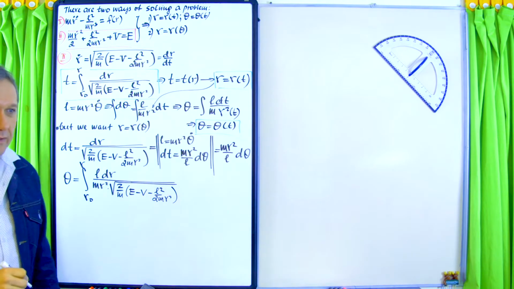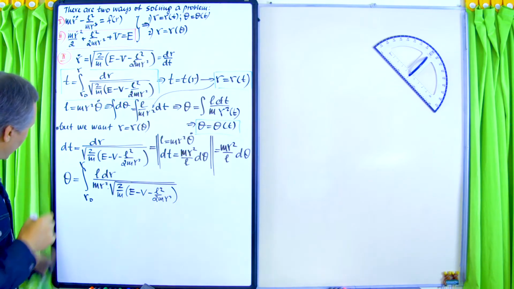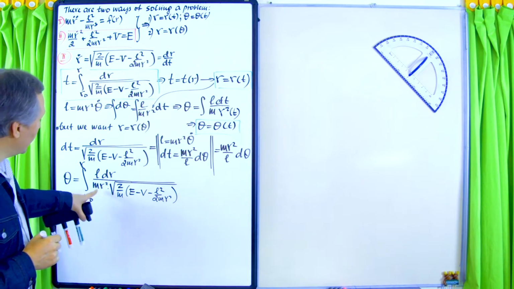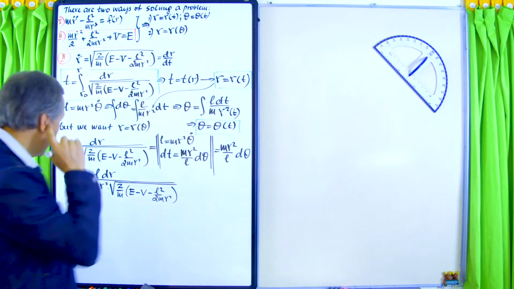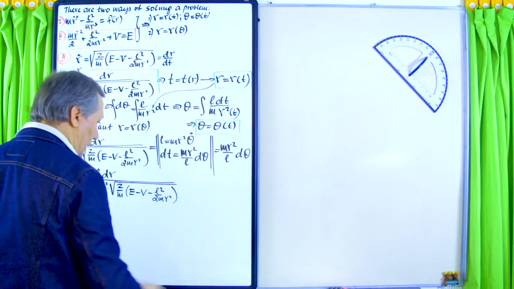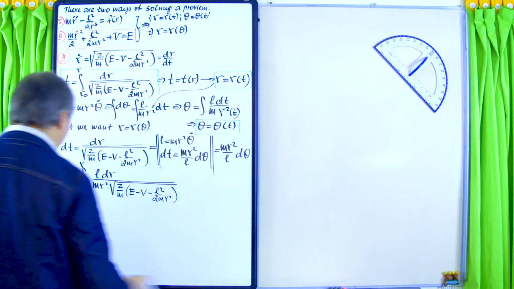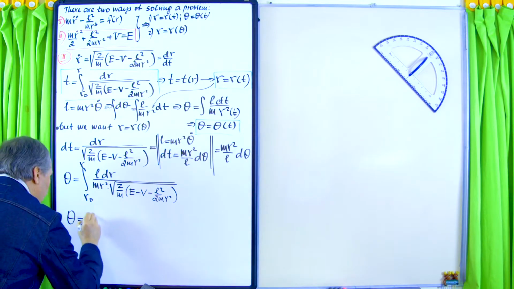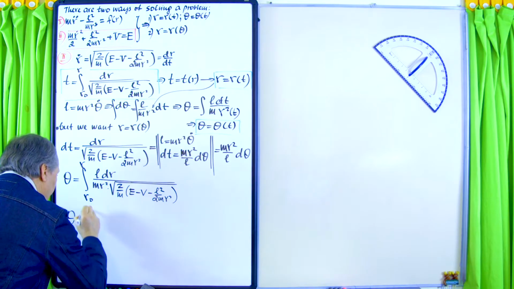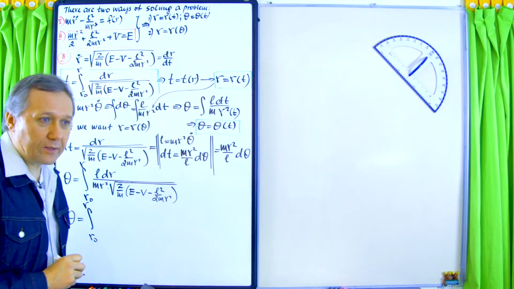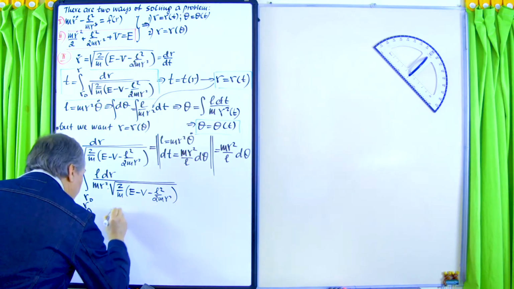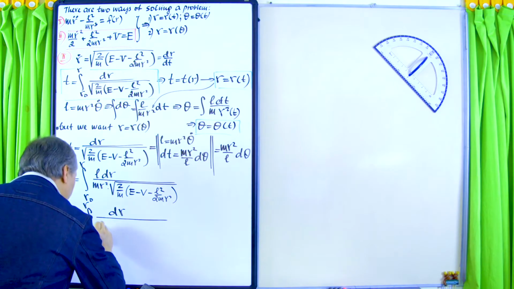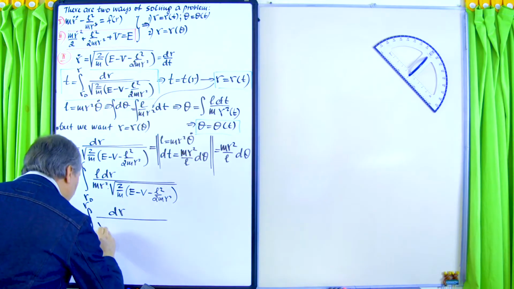Now we have to make some cosmetic changes. I want to take L inside of this square root sign, and m also inside. So finally, theta equals the integral from some initial to some arbitrary final position. dr will be by itself, then r squared, we cannot do anything about that.